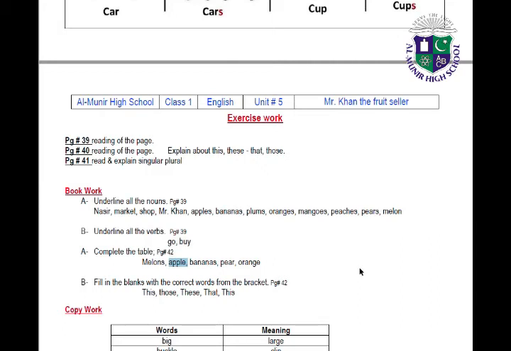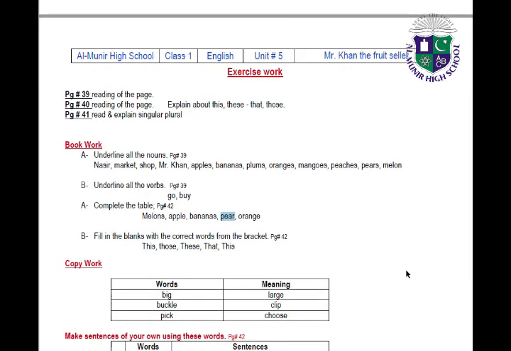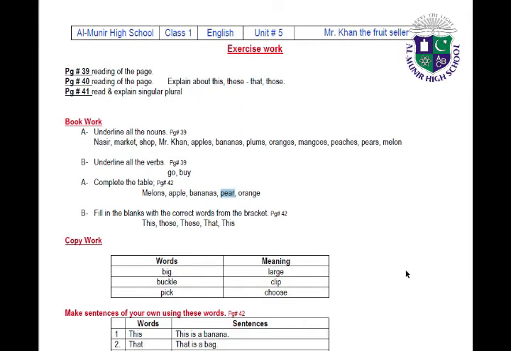The next word is singular word banana, and we add s to make it plural, bananas. The next word pears is given to us, and we write here pear. Orange. Add s to write the plural form of orange. Oranges.